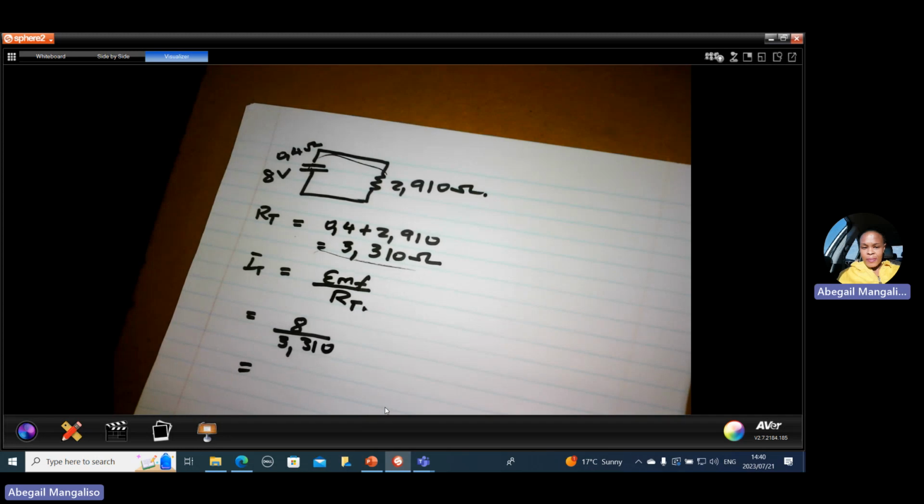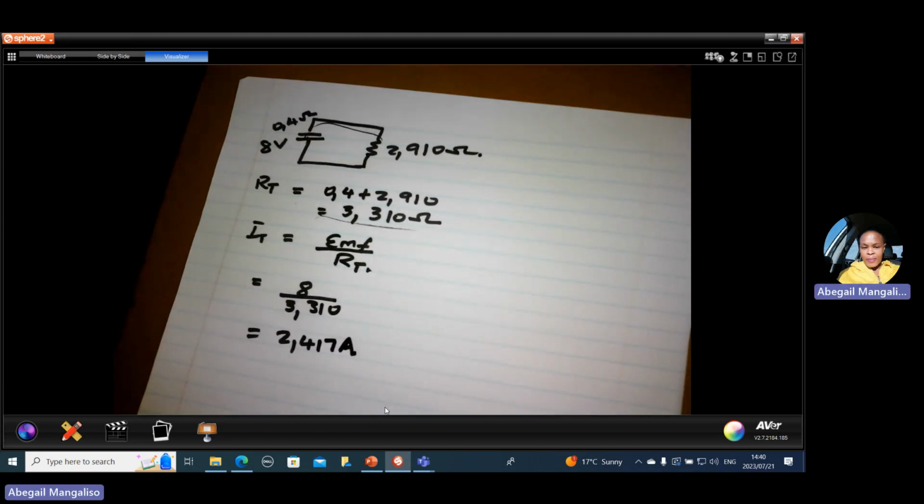And the answer here will be 2.417 amps. That is the total current, for 2 marks.